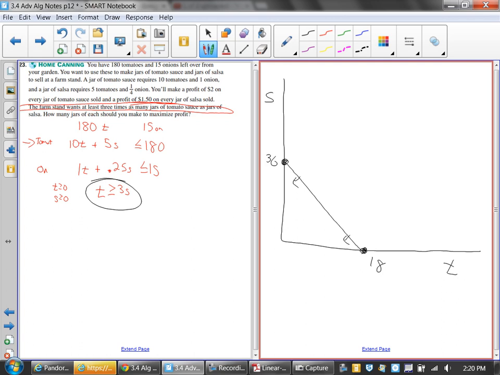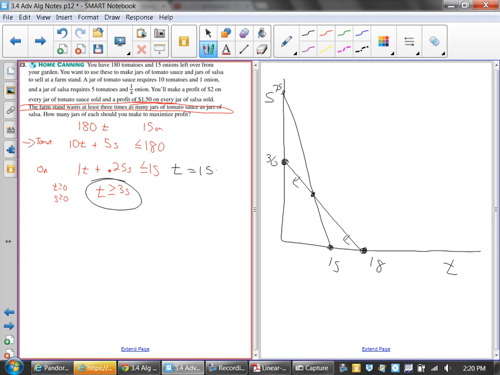The next one is at 15 and 75. Also working inward. And now we have to figure out where those 2 lines intersect. Once again, we have an intersection point that works out halfway decent because I can say that T is 15 minus 0.25 S.